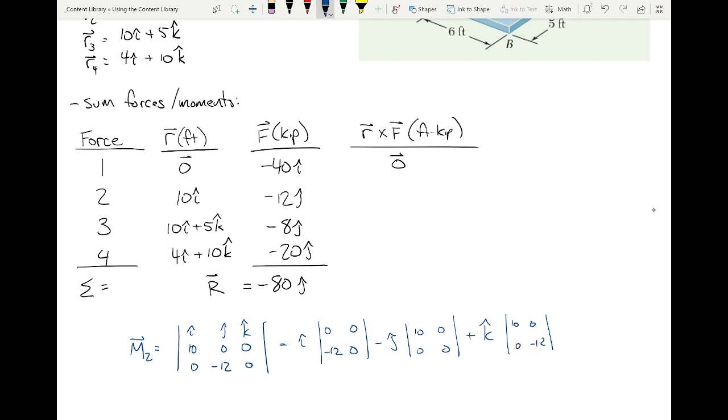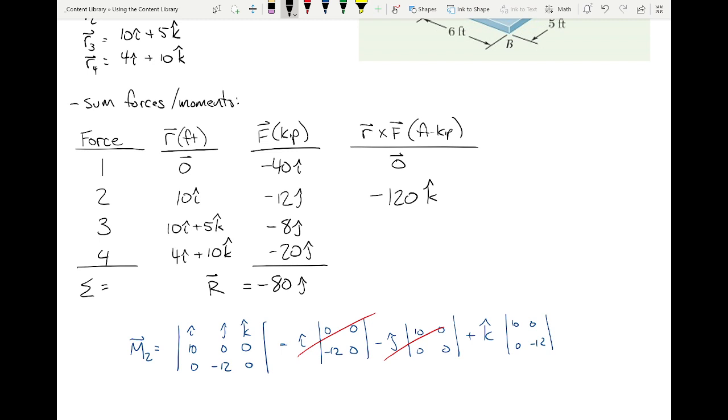Do y'all see what I did? So if you look at this, that's going to be 0, that's going to be 0, and what's going to be left is minus 120k. Does that make sense? Everybody okay with that?